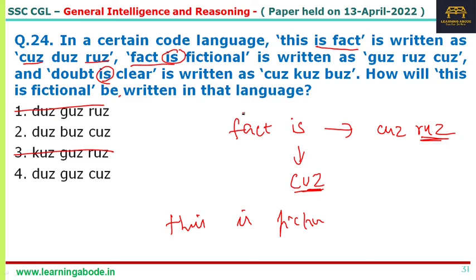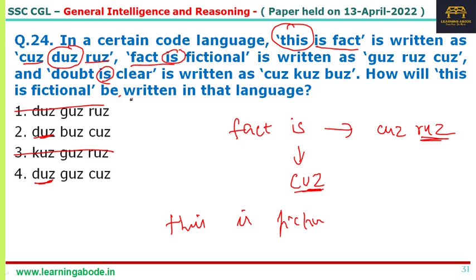I'm sorry, it is here. So "is fact" is cus and rus, and this is does. But does is there in the first and the fourth, so that's not really helpful.